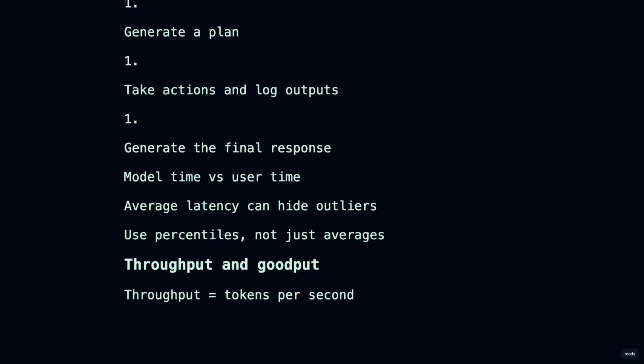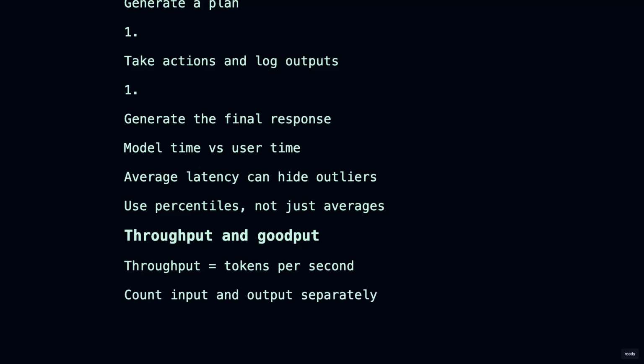It is a system-level capacity metric, not a per-request metric. Input processing and output generation stress the hardware differently, so it's better to track them separately. If someone says throughput without a qualifier, they usually mean output tokens.